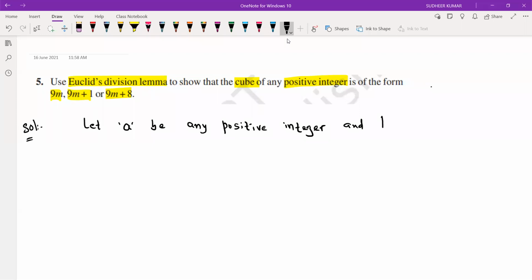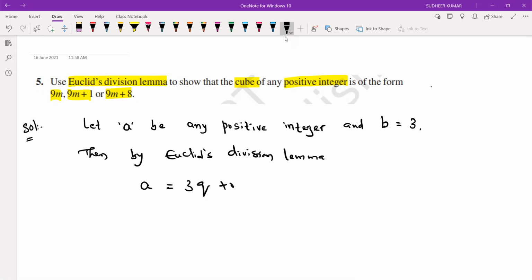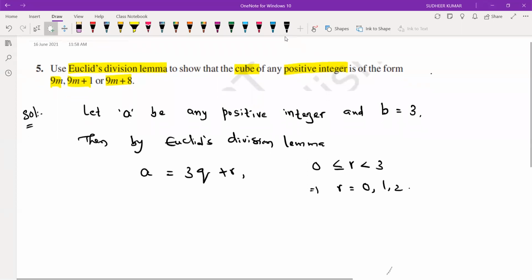Then by Euclid's division lemma, a equals bq plus r, that is, a equals 3q plus r, where 0 is less than or equal to r, which is less than 3. That means the r values we have to take are 0, 1, 2. So let us take the first case.